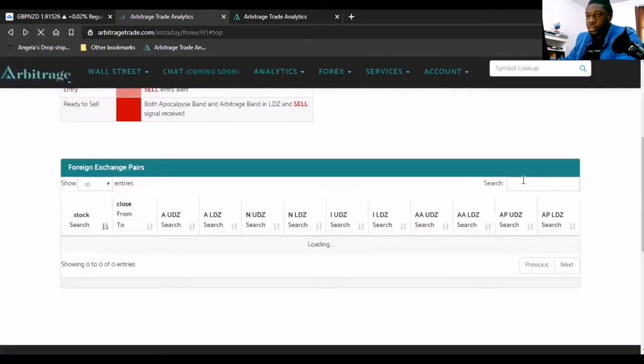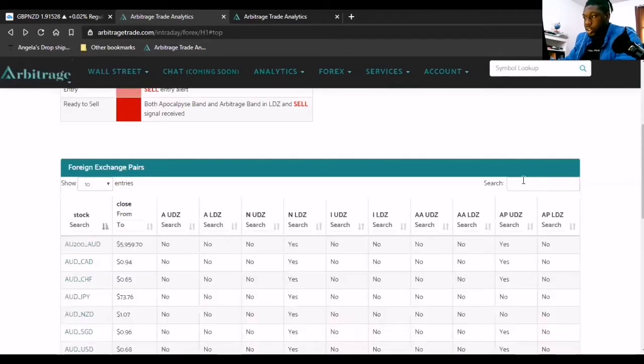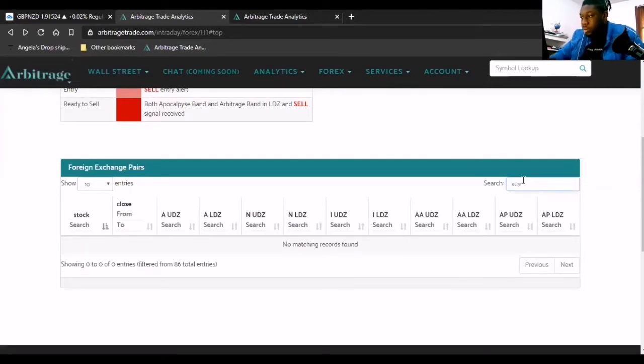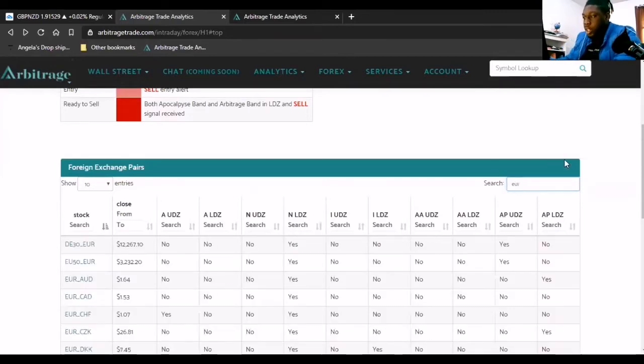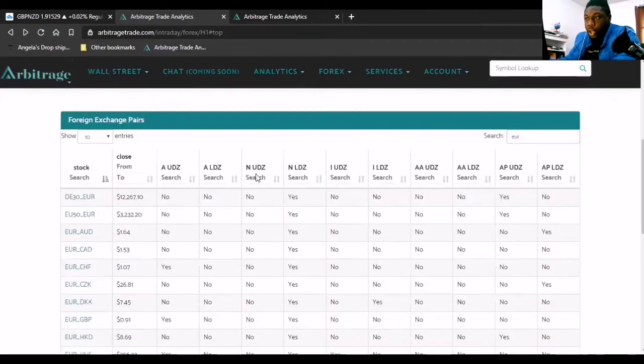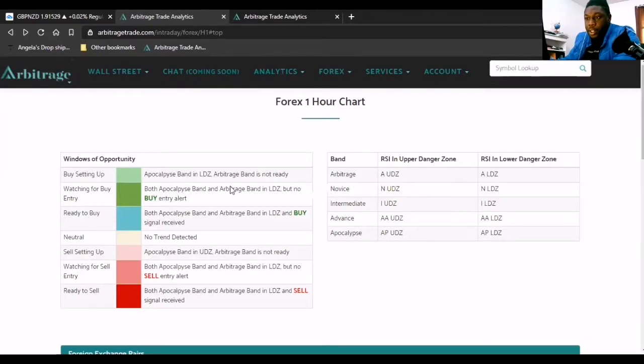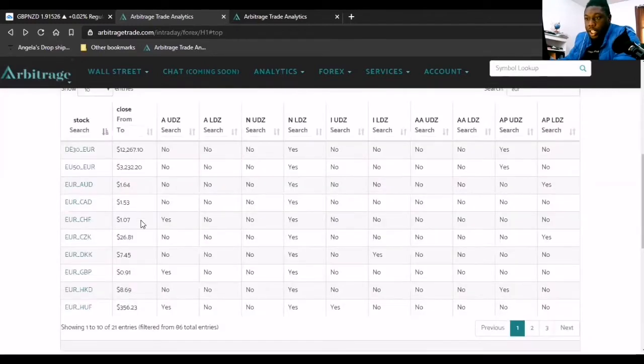Oh yeah, I have to go back because I accidentally pressed a different button. Okay, so euro. Oops. There we go. All right, so same thing for euro. We're on the 1 hour chart. Yes, for euro CHF.